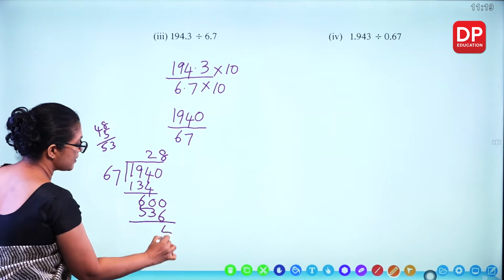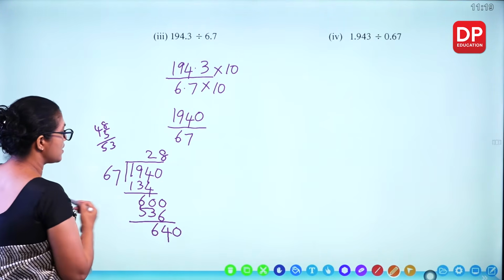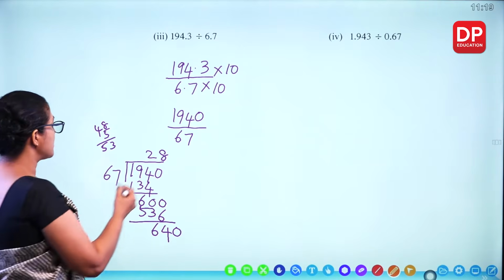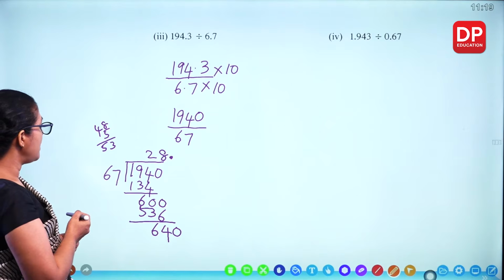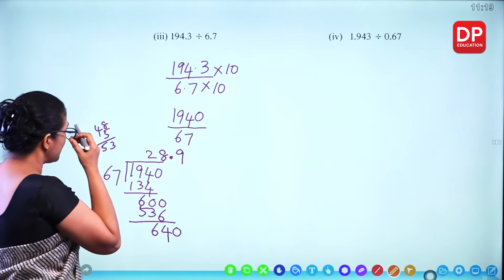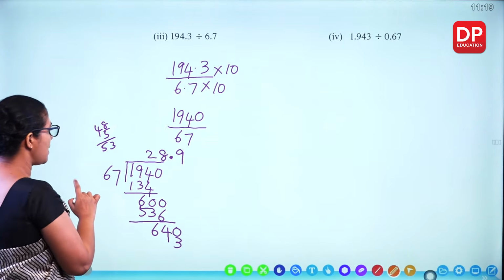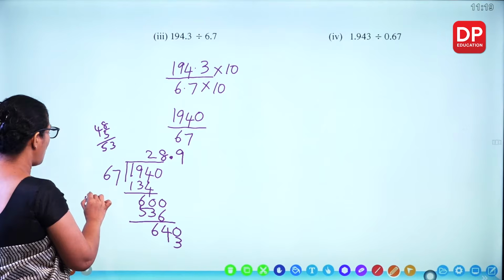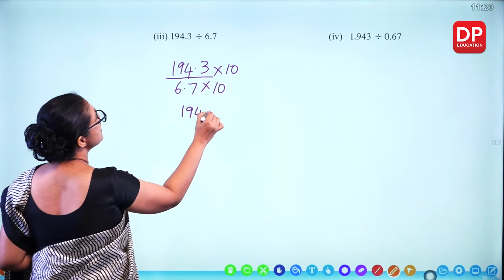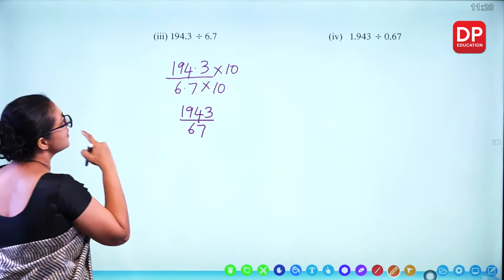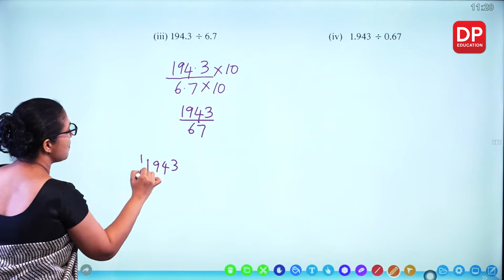So when you subtract, you get 64. Now for 640, how many 67s are there? We'll take 9. 9 times 7, 63, 6 remaining. 9 times 6, 54 plus 6 multiplied by 10, 1943 over 67. Now divide by this, 1943 divided by 67.